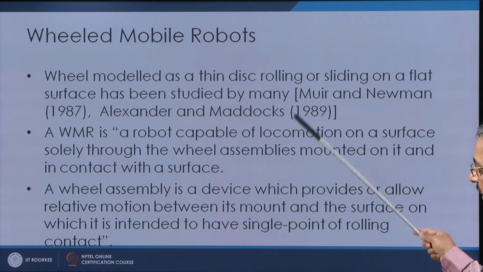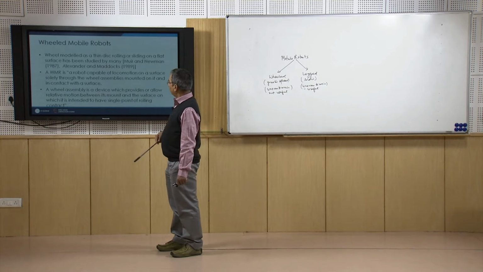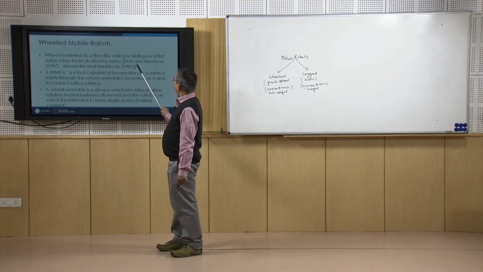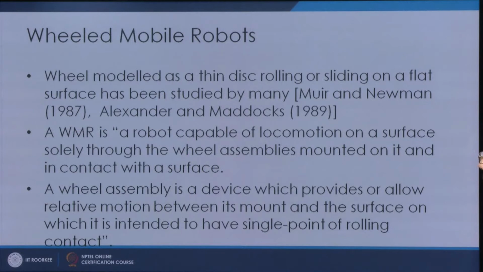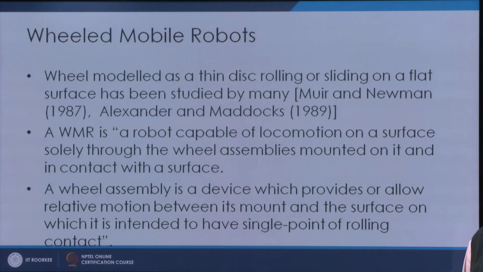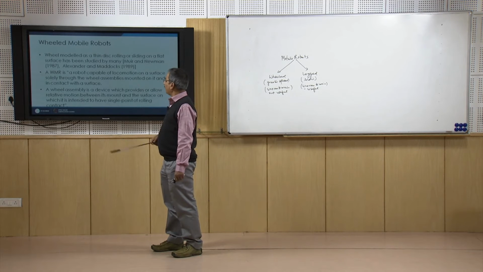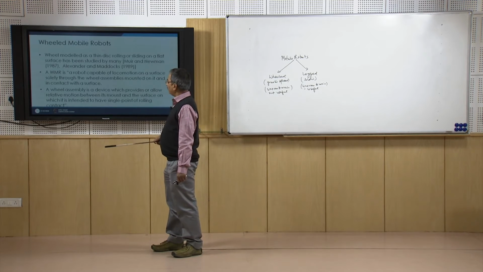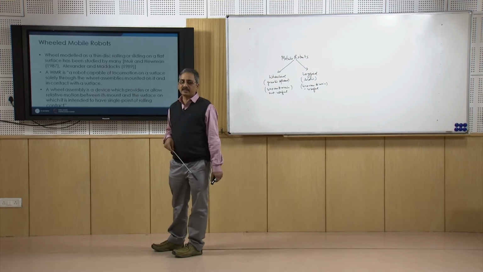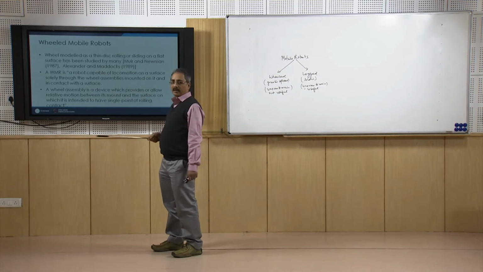And of course, many authors have worked a lot in this area, and a few of them are Muir and Newman, then Alexander and Maddox, and from India Professor Ghosal has done a lot of work in this area, and in fact most of my lecture here is drawn from the textbook on robotics written by him.